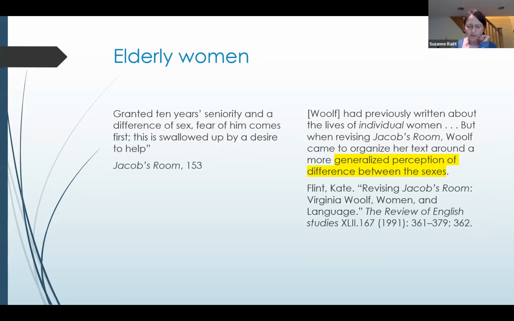I've come to read the novel as the story of an extended encounter between elderly women and doomed youth. As Kate explains in the essay that she herself just talked about, the text is organized around a generalized perception of difference between the sexes. And I would add, around a perception of the difference between youth and middle age.